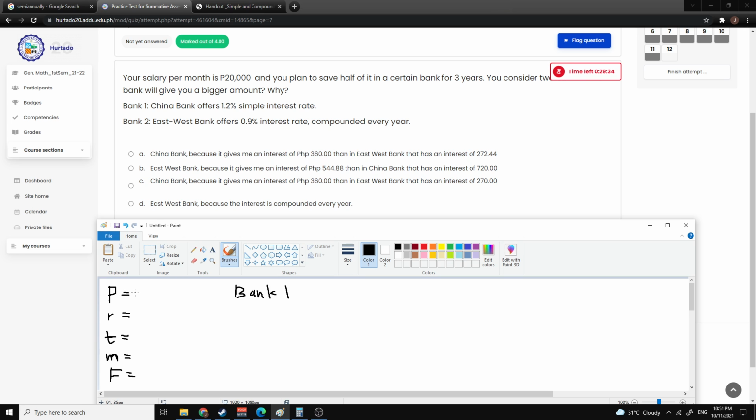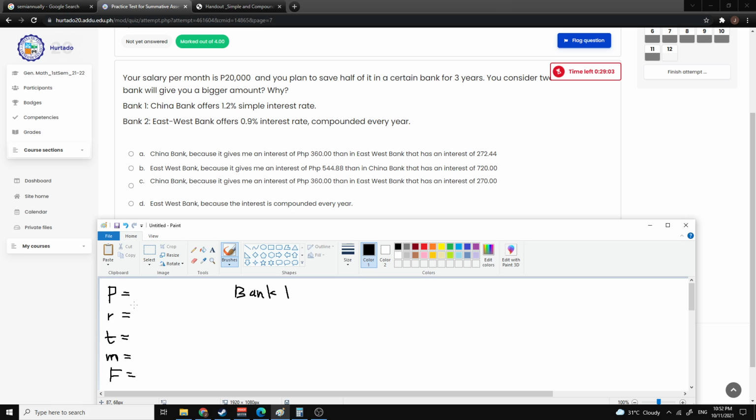So bank one. Okay, let's read. Salary per month is 20,000, and you plan to save half of it in a certain bank for 3 years. You consider two banks, which will give you a bigger amount of money, and why? So the principal value is going to be 10,000 because we want to save half of it.